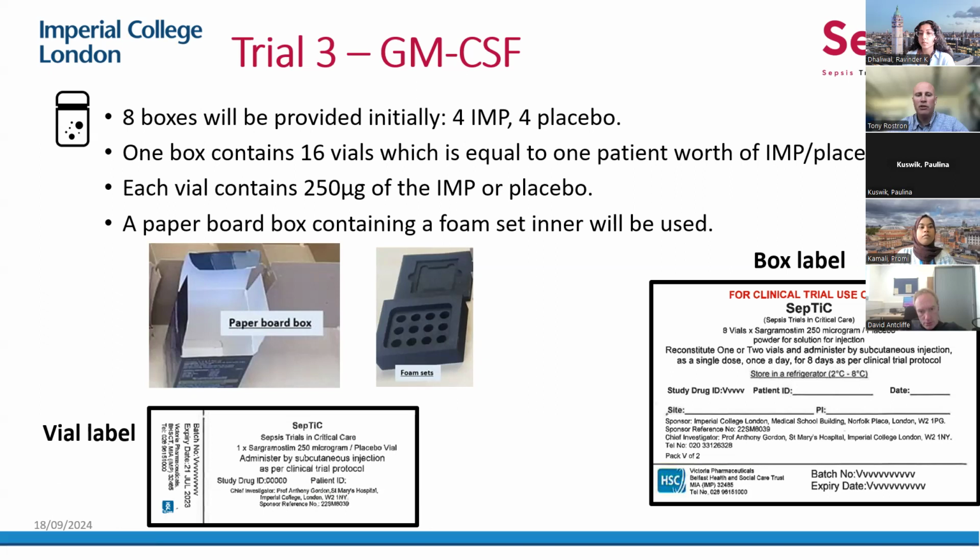Each vial contains 250 micrograms of IMP or placebo, and the presentation of the GM-CSF will be in a paper box as illustrated, with a foam inset and labels on the vial and the box as illustrated.